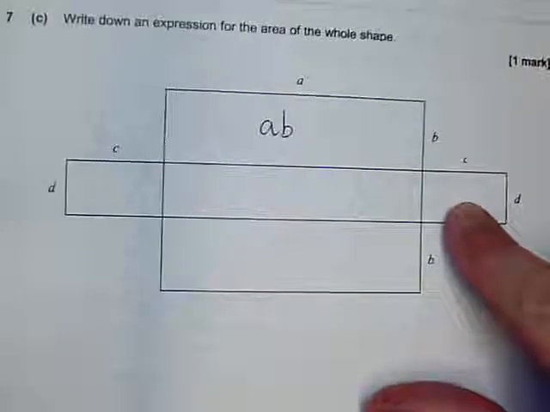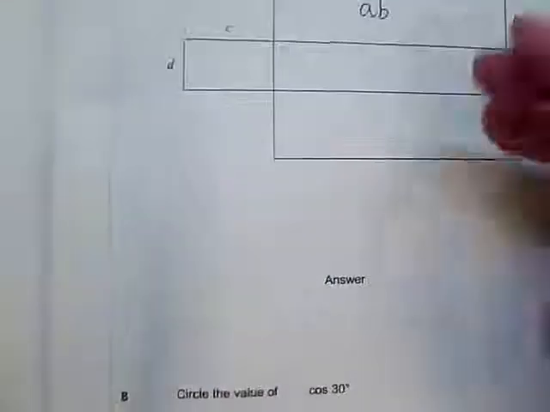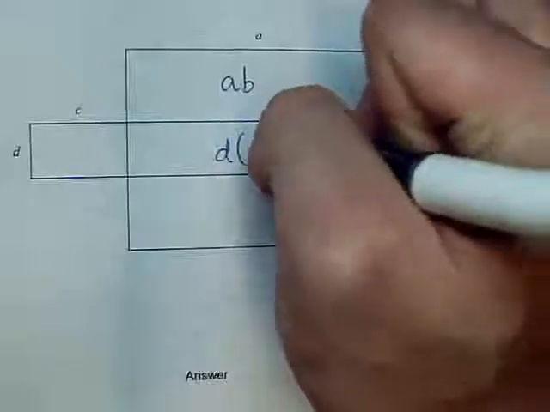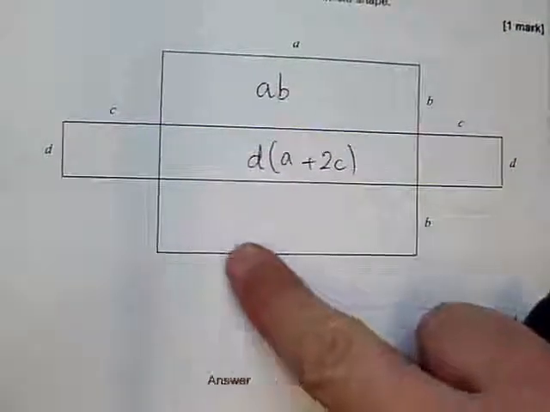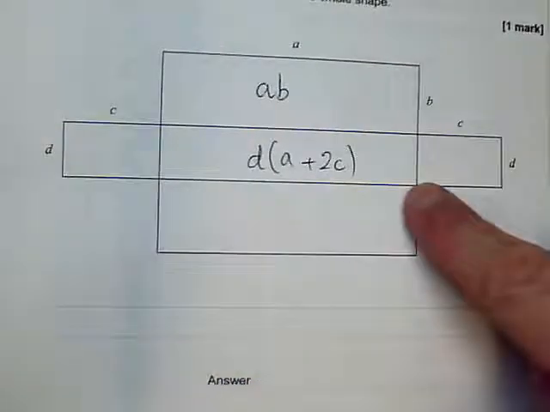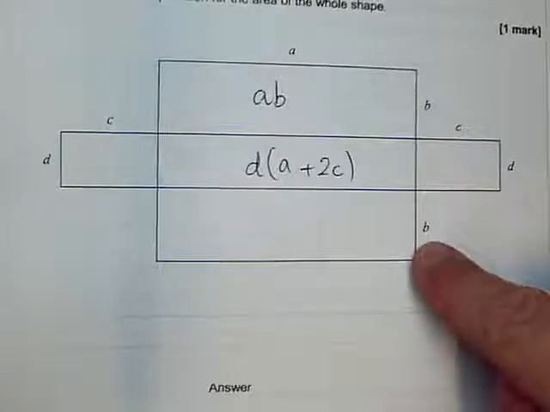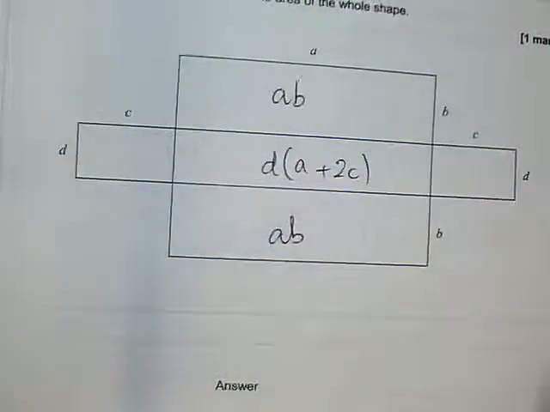This length, we know from the last question, all of that was that. So I can copy that in. And the bottom part is this length, which is the same as A times B. So A times B, which is AB.